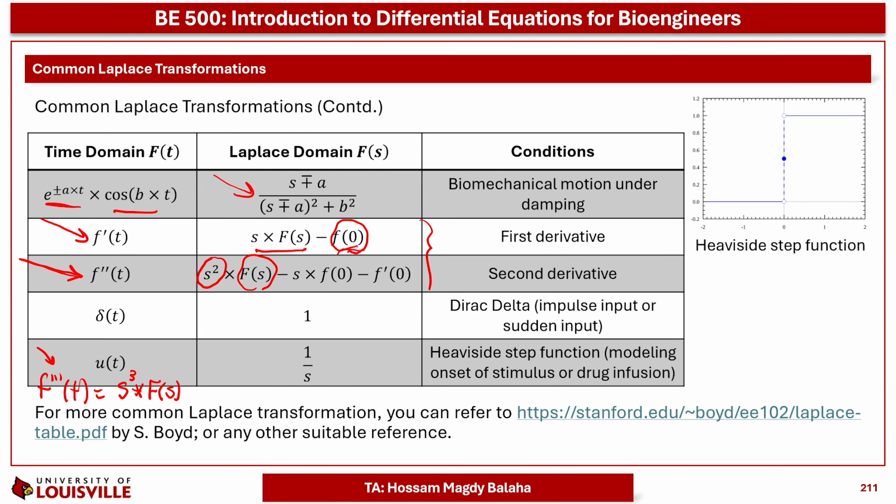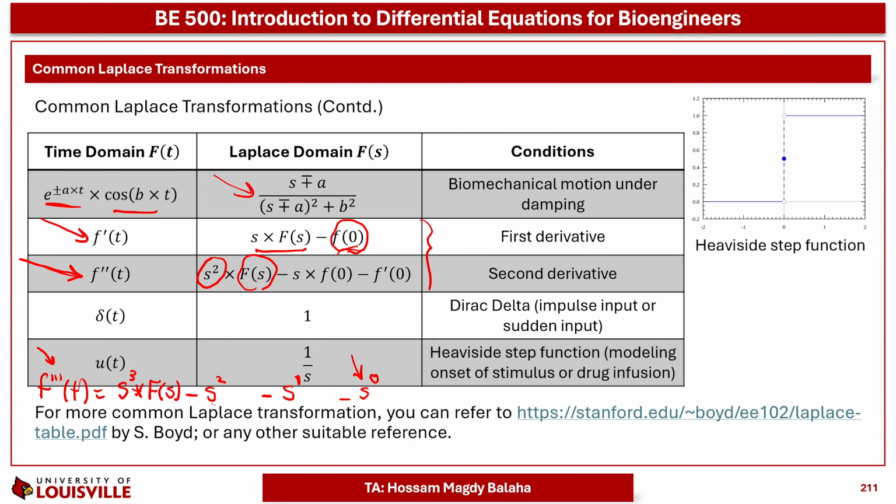And for s, you are decrementing the power 1 by 1. How? Simply, we will decrement s until it becomes s to the power of 0, which is 1. So minus s squared, minus s raised to the power of 1, minus s raised to the power of 0. And this will be the last part.